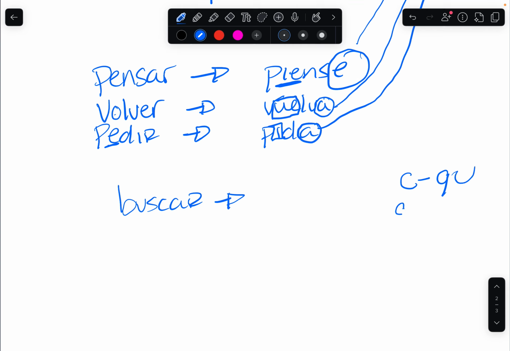There are verbs that change from G to GU and from Z to C. So, buscar would change to busque. Busque la mayonesa, which means to look for the mayonnaise, which is something that you can use in your oral presentation.